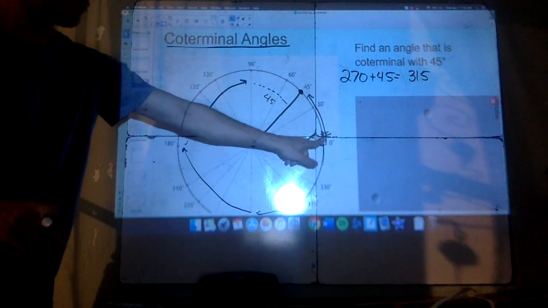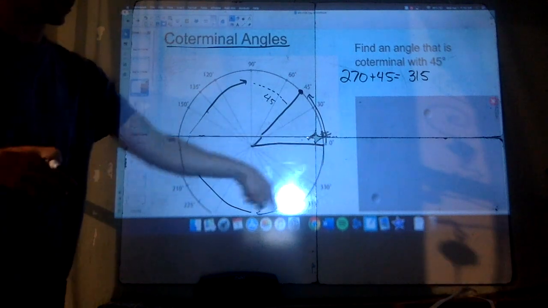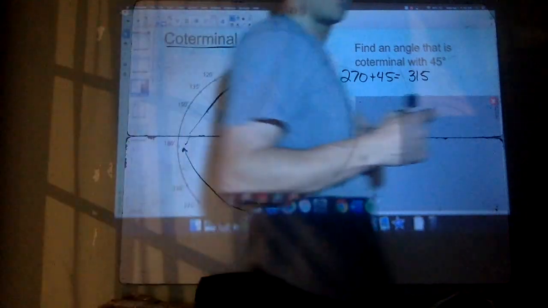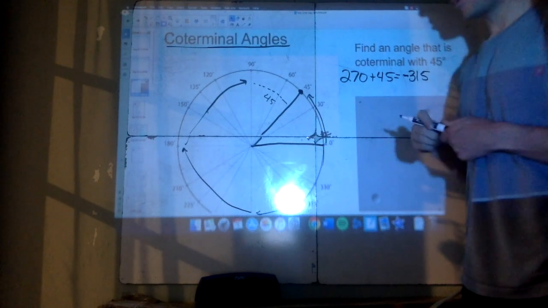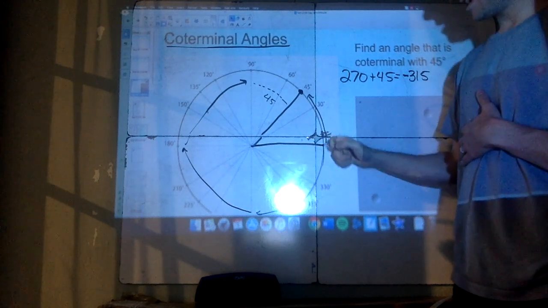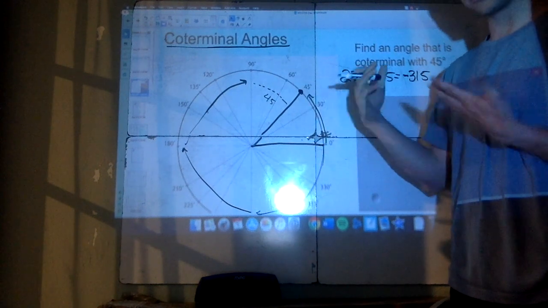But going forwards is positive, so how could we show we're going backwards around the unit circle? We make that 315 negative. So negative 315, going backwards 315 degrees, is the same as going forwards 45.